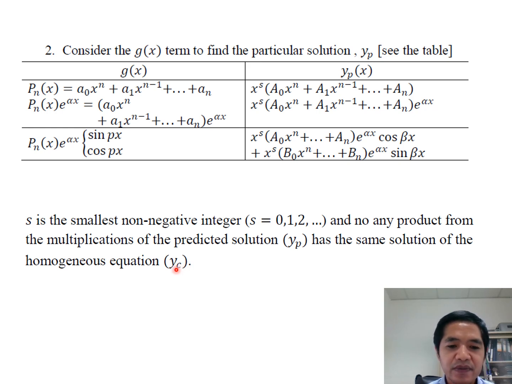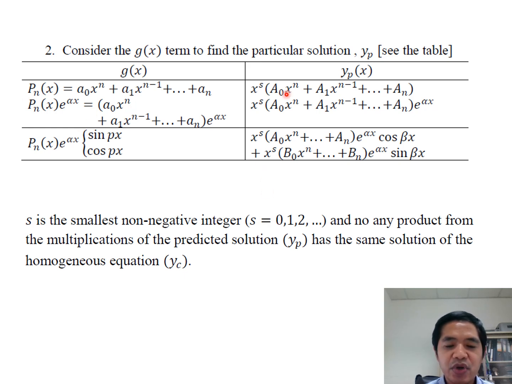When you look at the homogeneous solution, then look at the yp from this table. If the yp is exactly the same as the yc, then you have to use a higher value of s. If they are different, then you can use 0, which is the smallest one. I'm going to show you an example in the next slide, and then you'll see it more clearly.